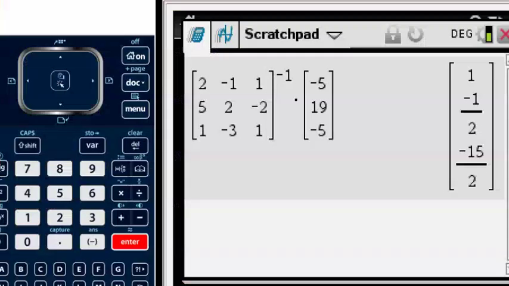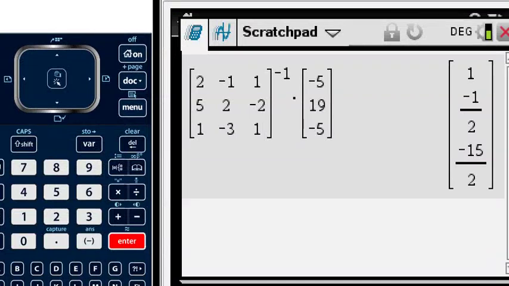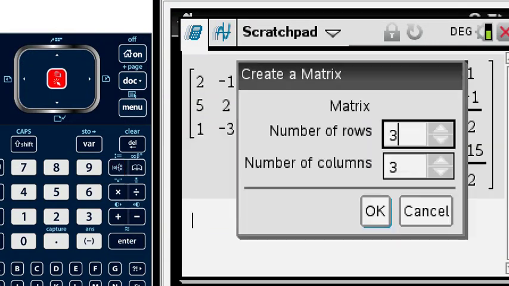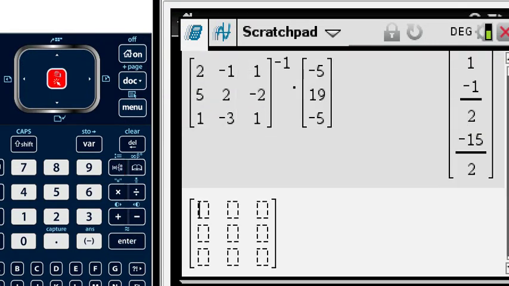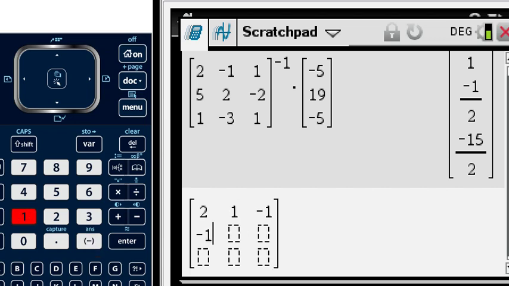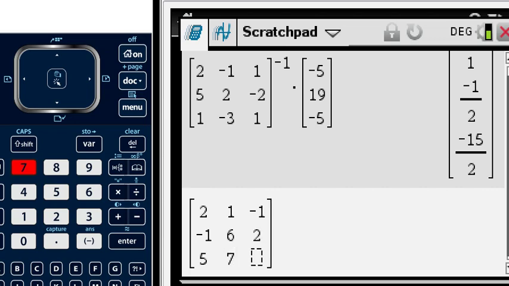Let's make sure we got this with our calculator. This is a 3x3 matrices again, so I'm going to make it 3x3. I'm going to put this in: 2, 1, -1, -1, 6, 2, and then 5, 7, 1.